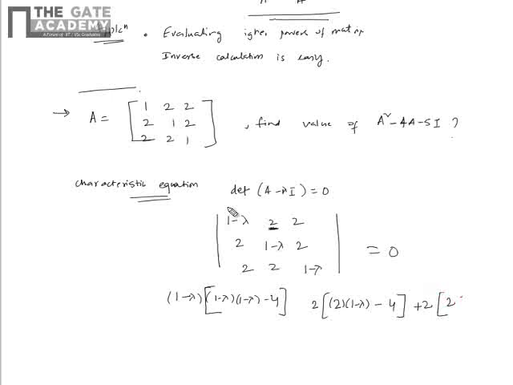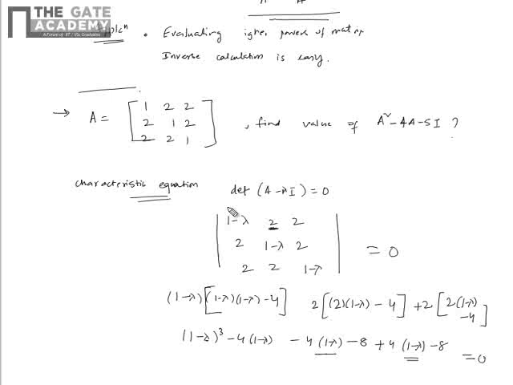So when you simplify, it comes to 1 minus lambda whole cube minus 4 times 1 minus lambda, minus 8 plus 4 times 1 minus lambda, minus 8. The 4 times 1 minus lambda and plus 4 times 1 minus lambda get cancelled, and this is equal to 0.